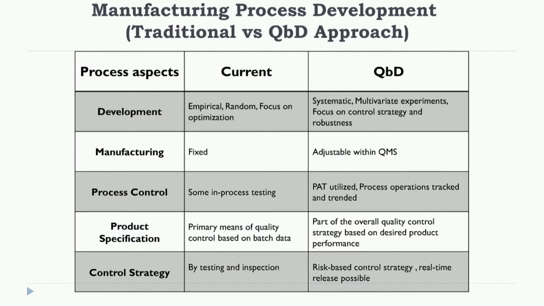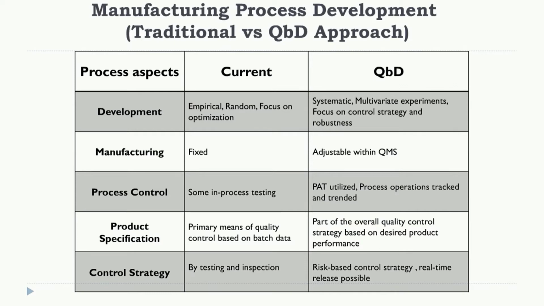In manufacturing, our current approach is fixed. Once we develop the process, it is fixed. Any change, we have to go through change controls. We have to take approval from our regulatory authorities. In the QbD approach, there is scope for adjustment within quality management systems.